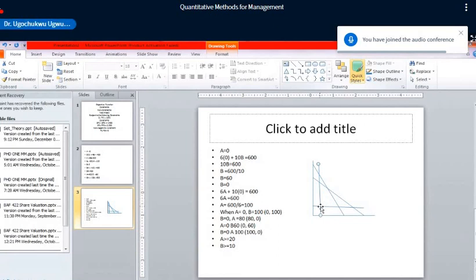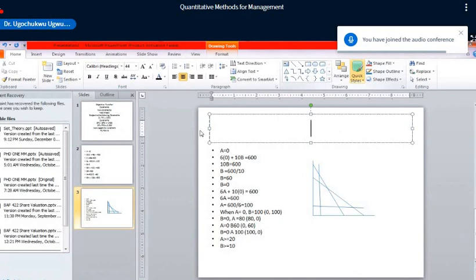If you look at this point, what equations do we have here? We have A is equal to 20, and we have B is equal to 10. That is this point here. So if we combine A equals 20 and B equals 10, will it give us the maximum profit we are looking for? What is our maximum profit?